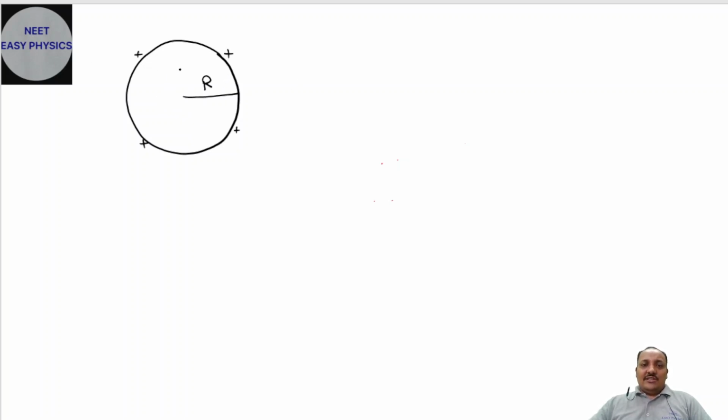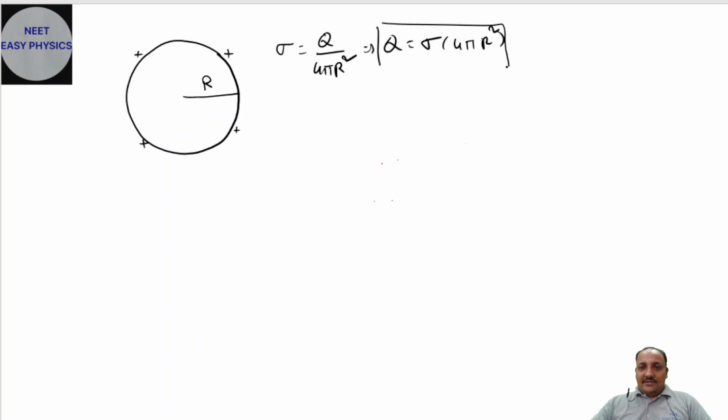Now, how much charge is going to be stored on the surface? Sigma is equal to Q by surface area. What is surface area? 4 pi r square. Now, total charge available on this surface is sigma into 4 pi r square.